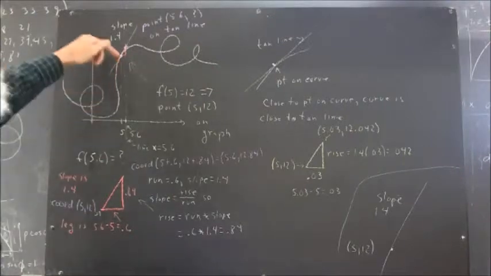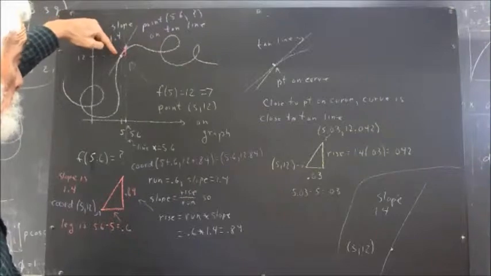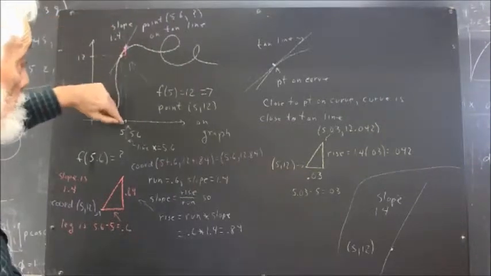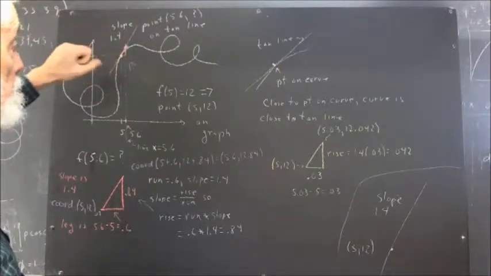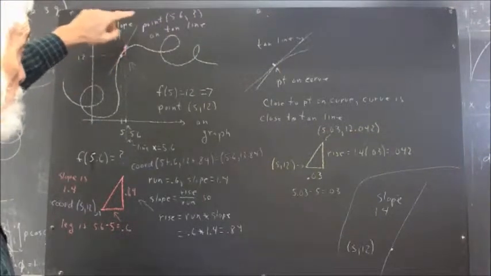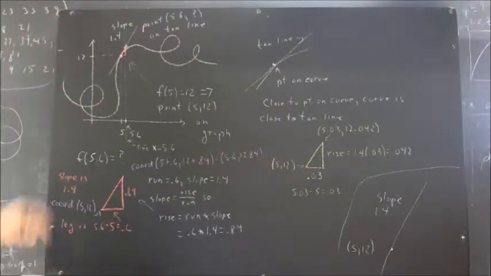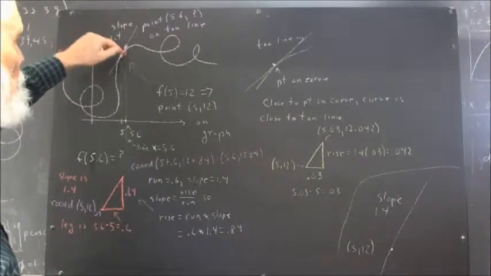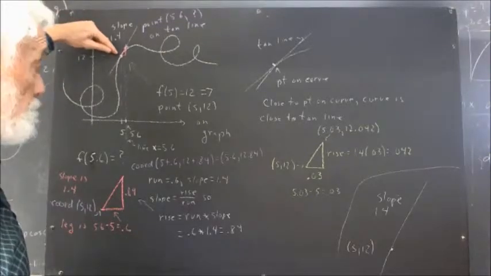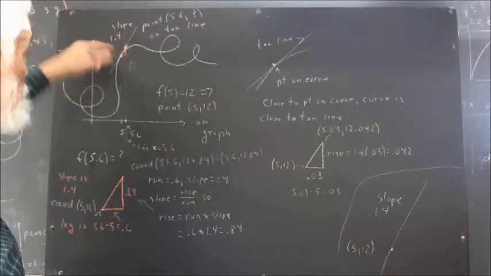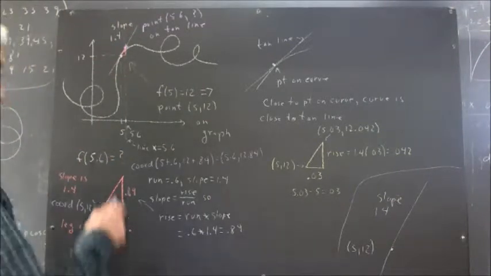We have the point 5, 12, our original point, and our new point corresponding to x equals 5.6 lies again on the tangent line. I can draw a fundamental triangle involving the original point 5, 12 and the point at which the tangent line intersects the vertical line x equals 5.6.